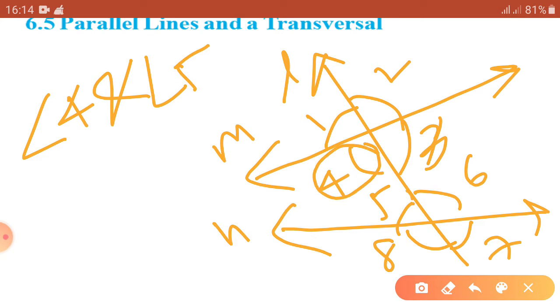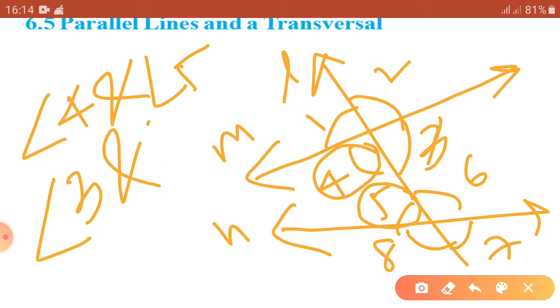So these angles are known as the interior angles on the same side of the transversal, and also angle 3 and angle 6 are known as the interior angles on the same side of the transversal. Okay, so interior angles on the same side of the transversal are also referred to as consecutive interior angles or allied angles or co-interior angles.